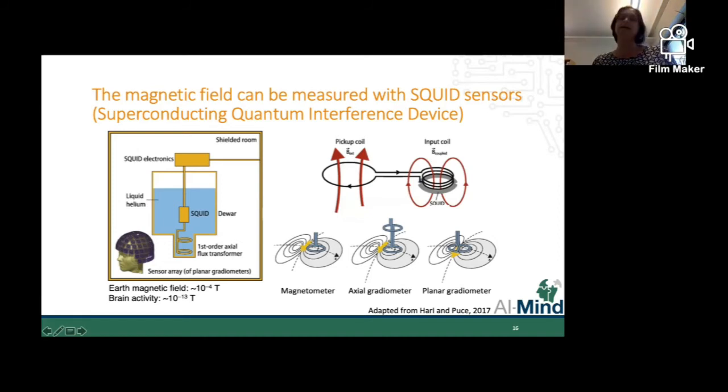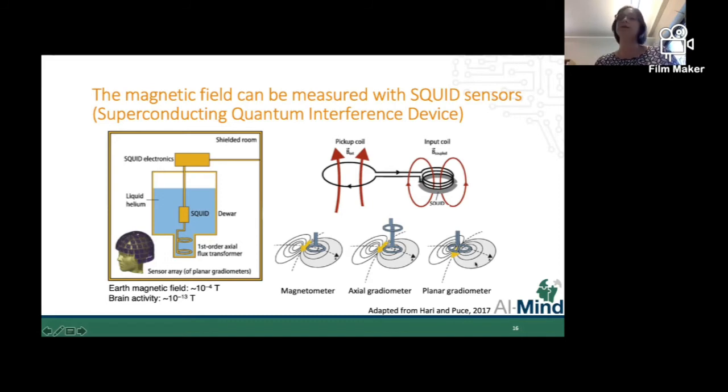And these can be constructed in different ways. A magnetometer measures the magnetic field directly, and it consists of a single loop that measures the magnetic field that flows through it, and it shows the maximum signal where the magnetic field is strongest, so a little bit on the side from the actual source.